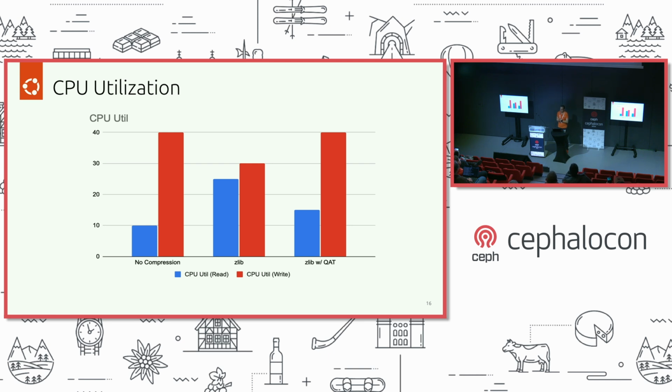Looking at CPU utilization, with and without, so no compression compared to zlib with QAT, you're seeing a very similar picture. The read side, we do see a slight increase in the average utilization, but it's not something to be worried about, I don't think.